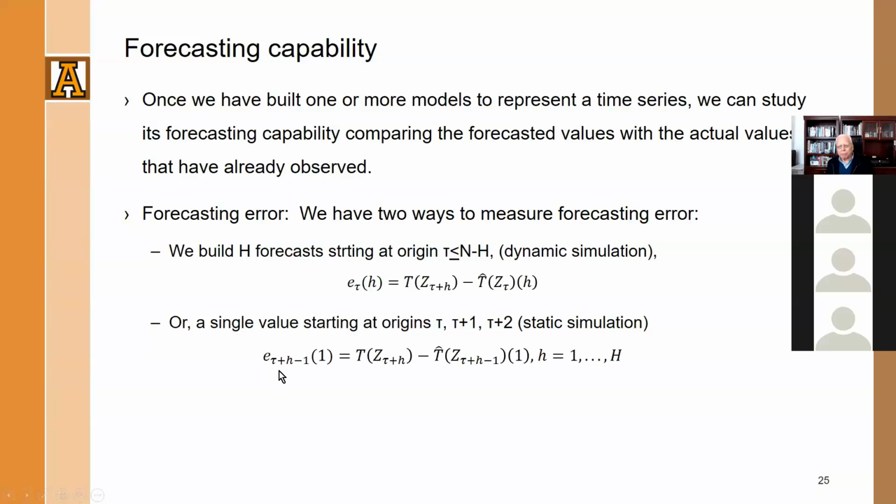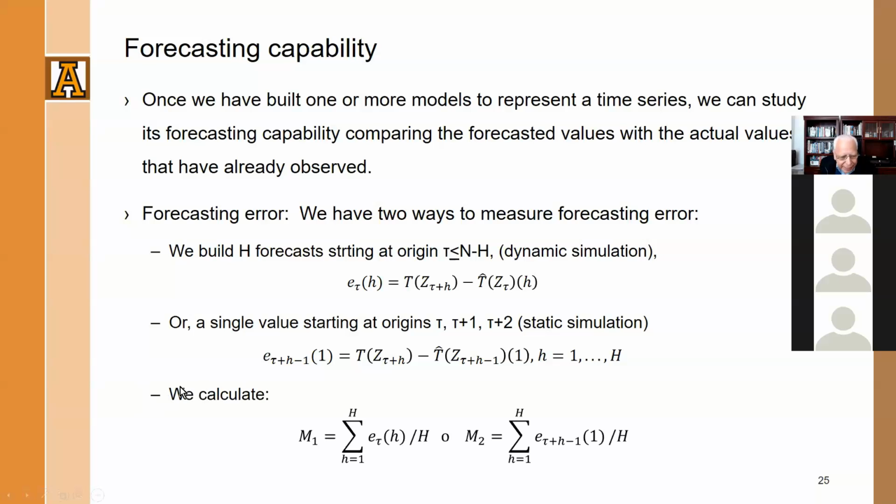Then we would always compute the error 1 period ahead, starting at different points in time. Okay, that will be static simulation. Then based on the error, whichever method we use, if we use the first method, we're going to call this thing here M1. We can calculate the average of the errors.